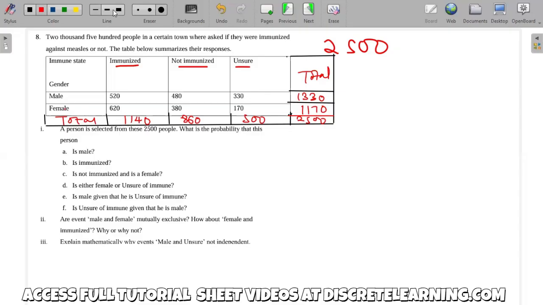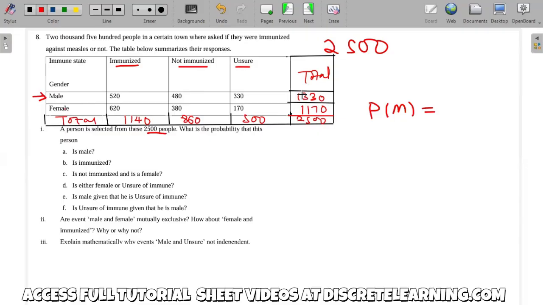The first question says, a person is selected from these 2,500 people. What is the probability that the person is male? Just use the classical definition for probability: the number of favorable outcomes over the total outcomes. How many males do we have? You go in this row for the males, to the end there.